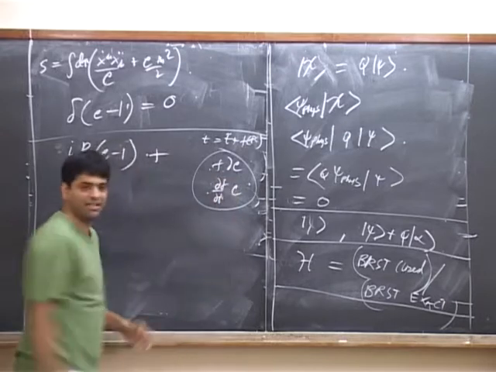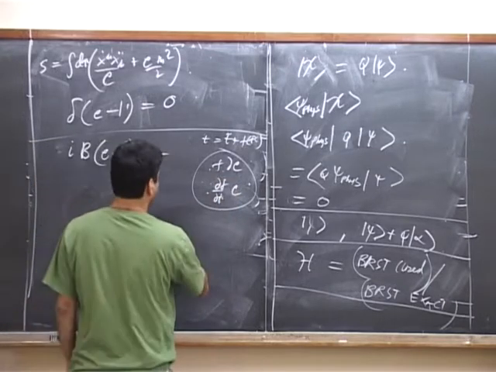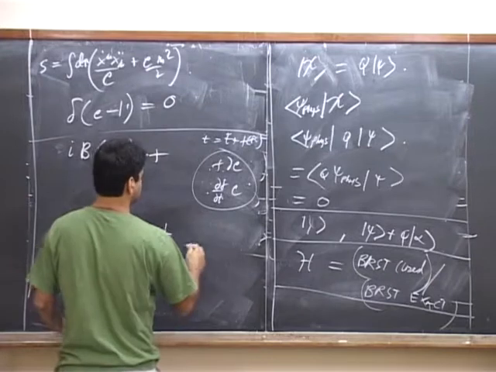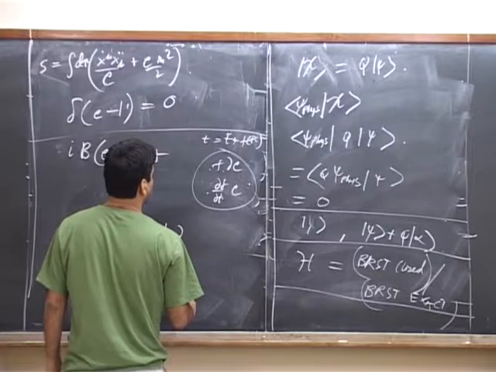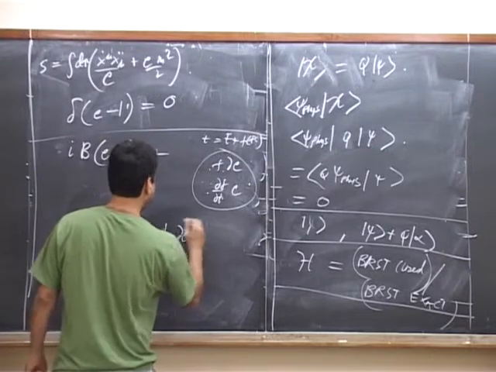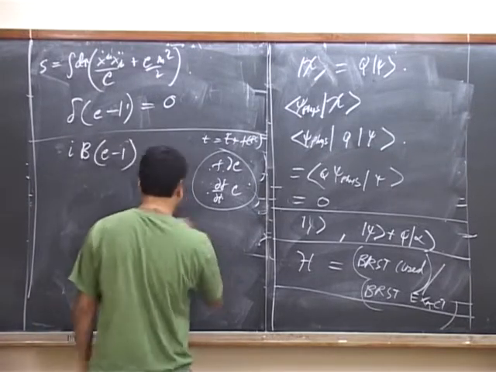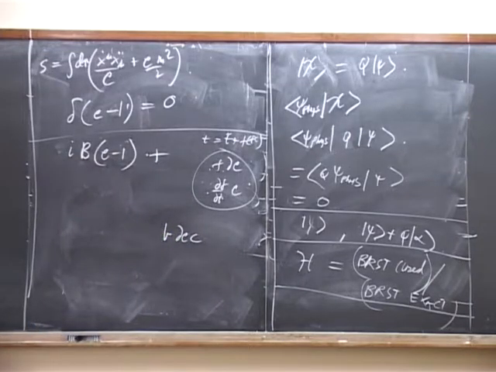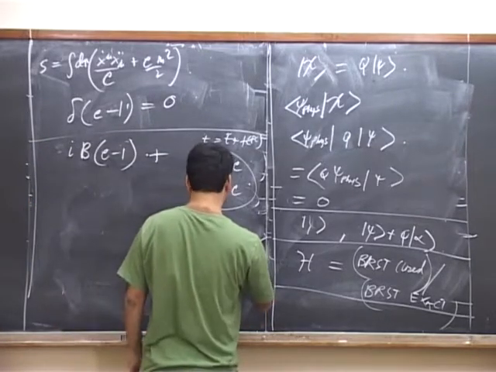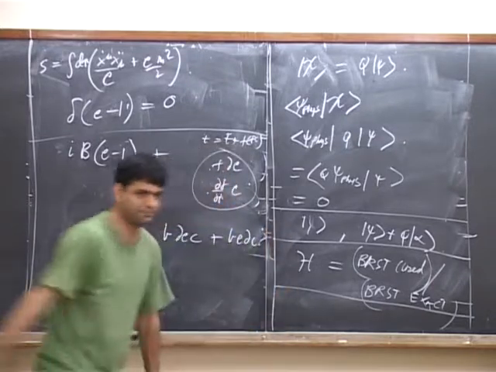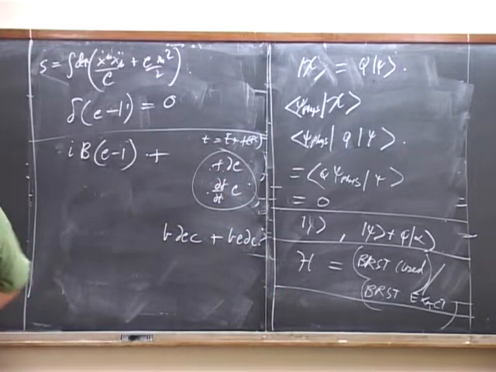So these two terms give us terms like B times ∂E times C, plus B times E times ∂C.